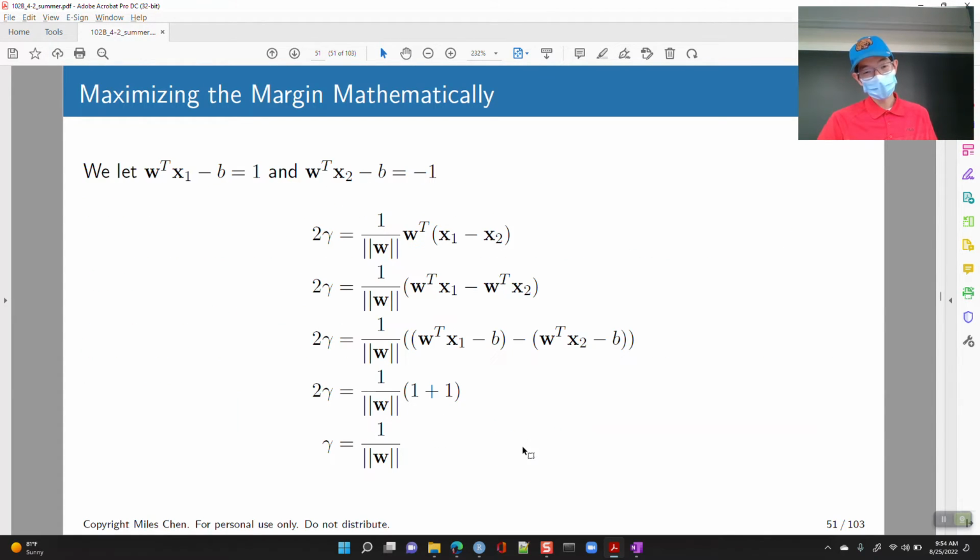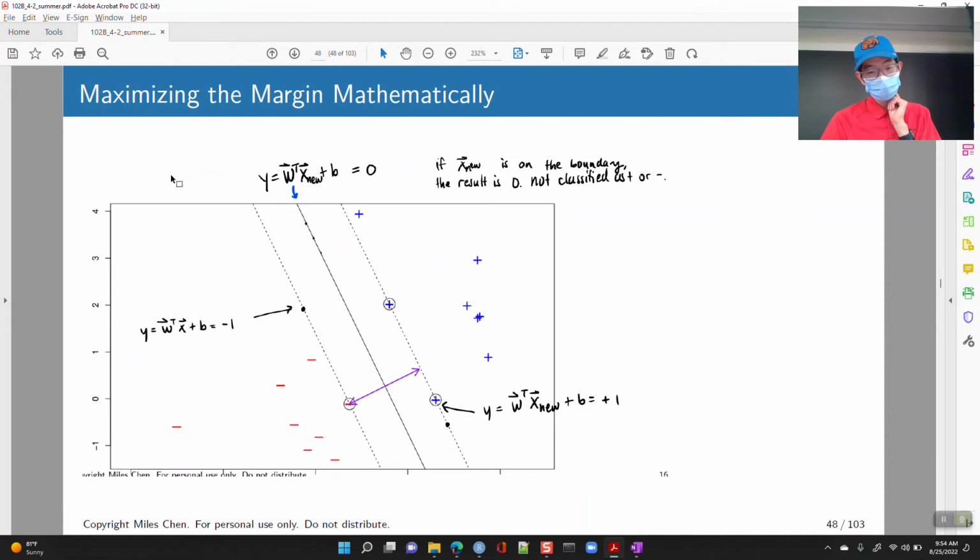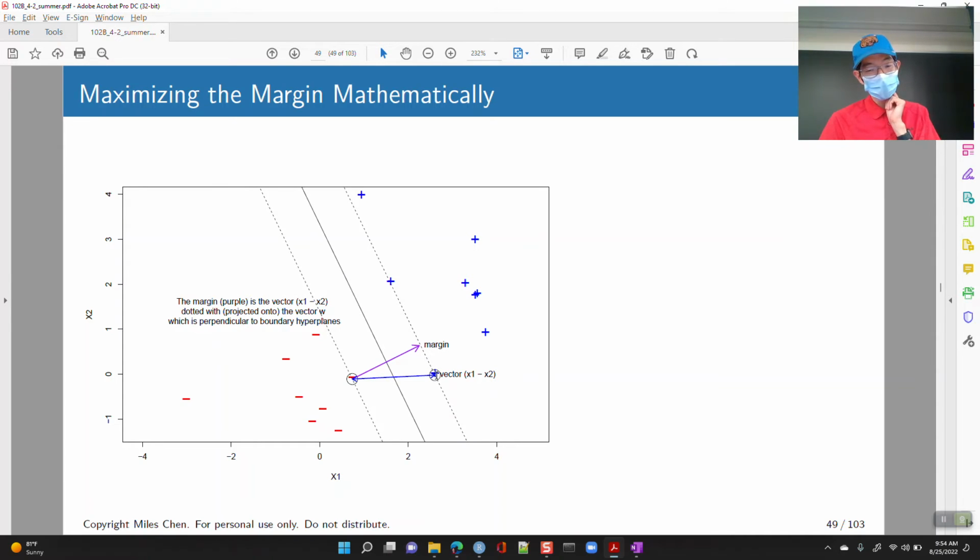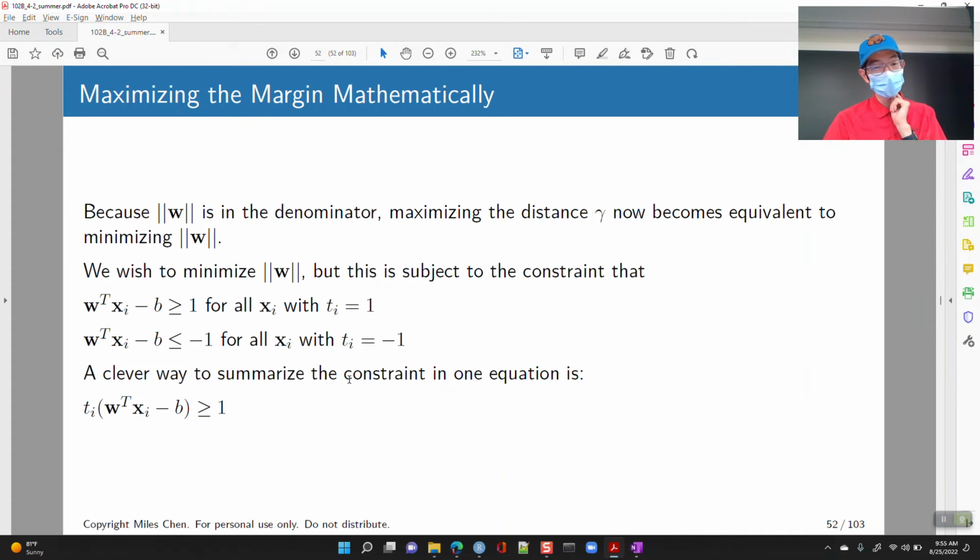And we want to maximize this, right? So when we do W transpose x1 plus b, this is going to be equal to plus 1. It's this dot over here. And W transpose x2 plus b is going to be equal to minus 1.